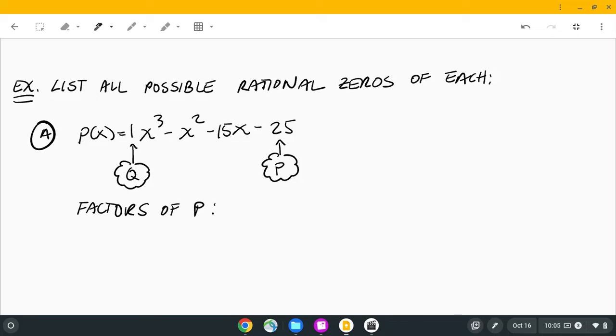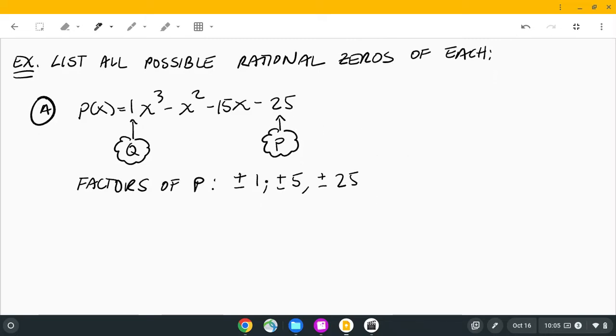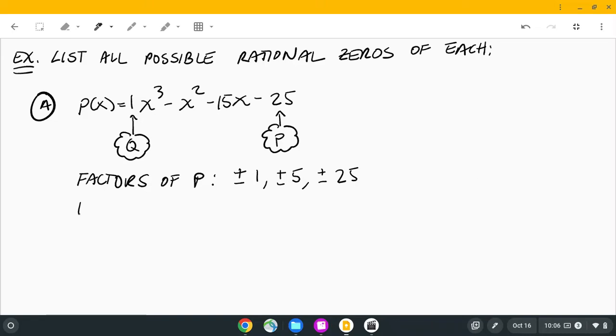That would be all the positive and negative numbers that are factors of 25. So that's plus minus 1, plus minus 5, and plus minus 25. These are all the factors of 25: positive 1, negative 1, positive 5 and negative 5, positive 25 and negative 25. And then the factors of q.